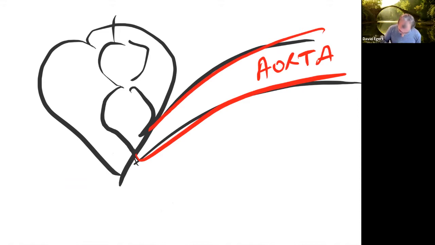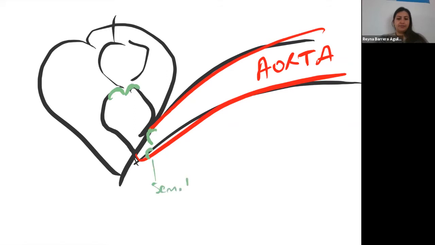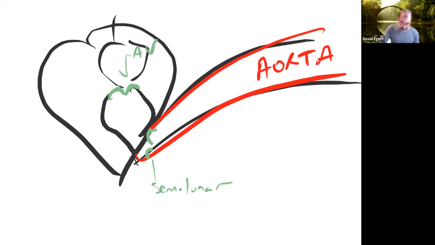And remember, what were the two main valves that were involved with this cardiac cycle? AV valve and semilunar. And again, the AV valves were the mitral or bicuspid and the tricuspid on this side.